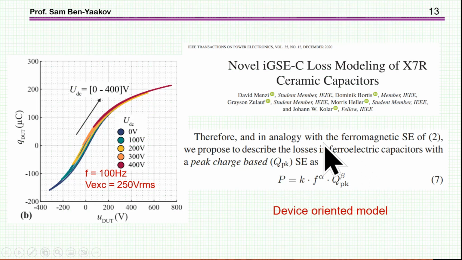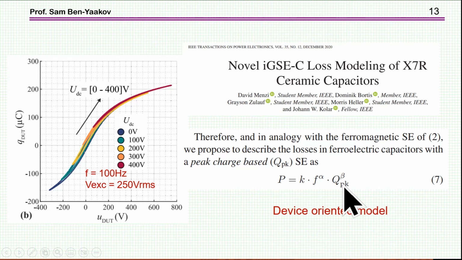Following this, Professor Kolar and his group, including Dr. Menzi, published a paper which expands this idea even further. They have shown that if you use a template like this, which is again very similar to the Steinmetz template, but here we have the peak charge of the capacitor reached every cycle, using again alpha and beta as parameters, this template fits very well with measured losses.